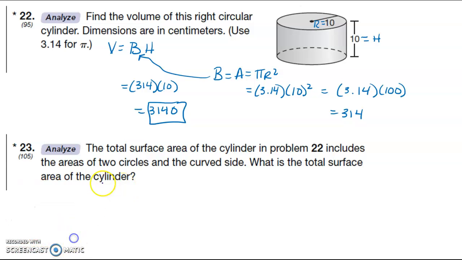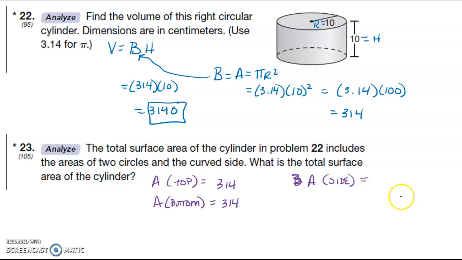Okay, let's change colors. The total surface area of the cylinder includes the area of the two circles and the curved side. What is the total surface area? So the area of the top is equal to 314. We found that out right here. The area of the bottom is equal to 314 because it's the same as the top. And then the area of the side is going to be equal to the circumference times the height.